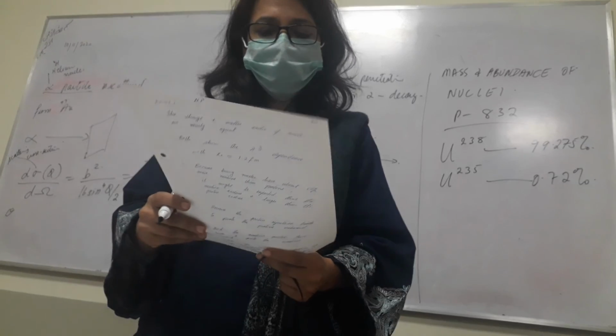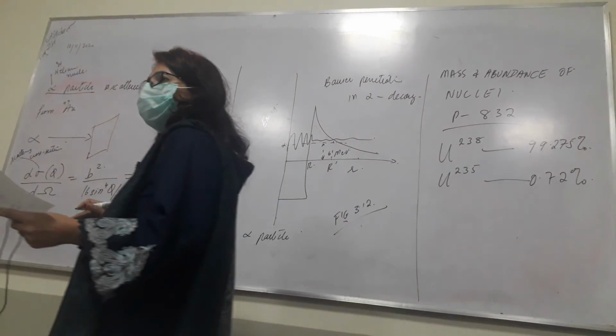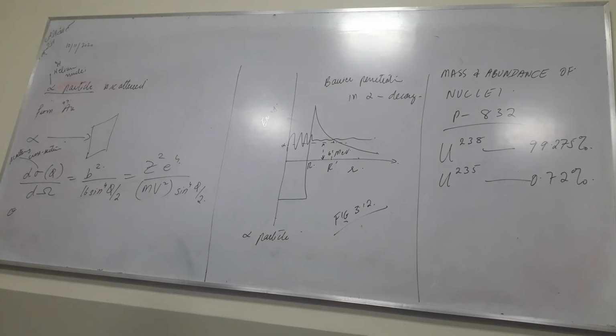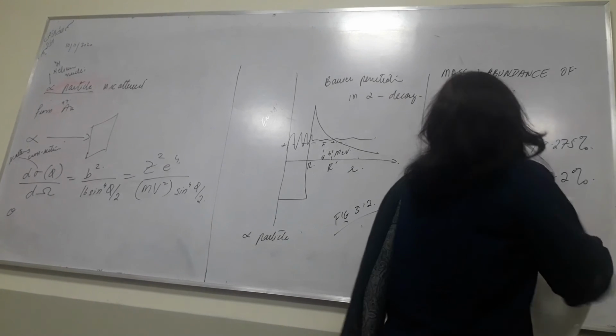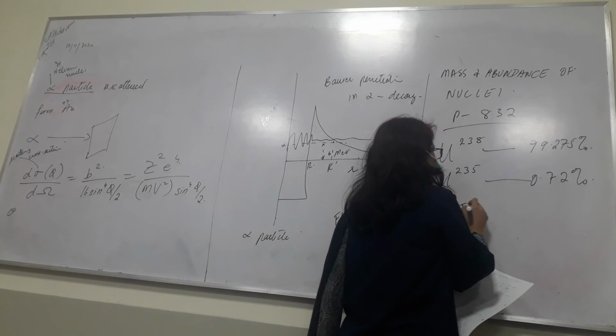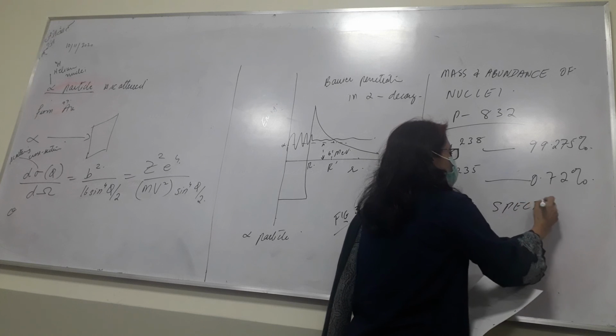Another thing that I was talking about was the mass of the nucleus. We are talking about mass and abundance. We just saw the values of abundance of different elements, which is given in your table. The second thing is the mass, and there are different ways to find the mass. One of the methods of finding the mass is through mass spectroscopy.